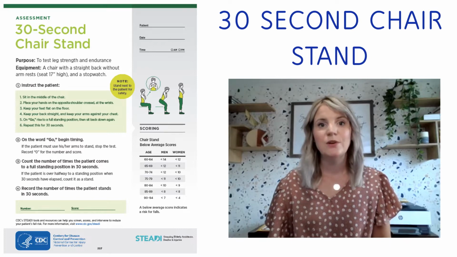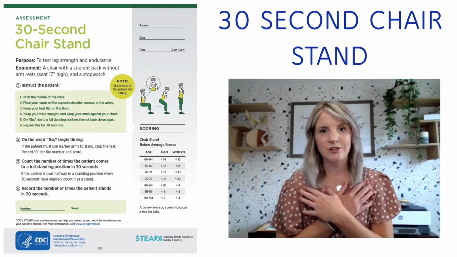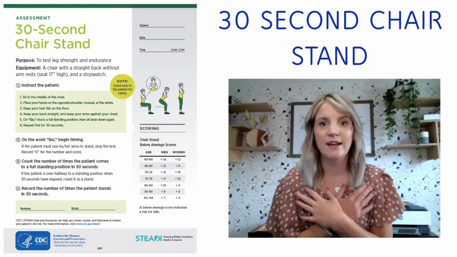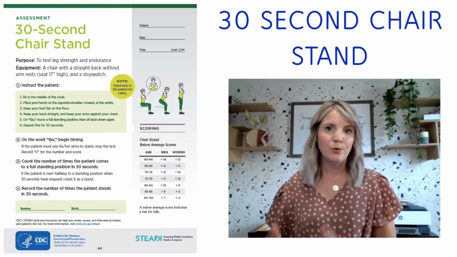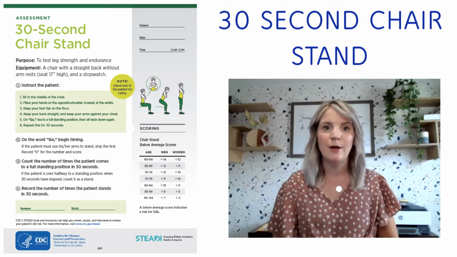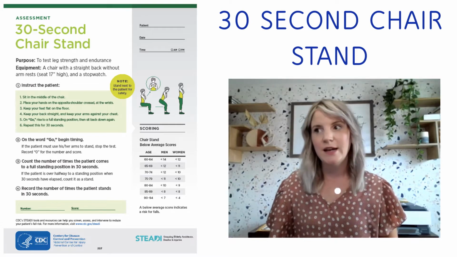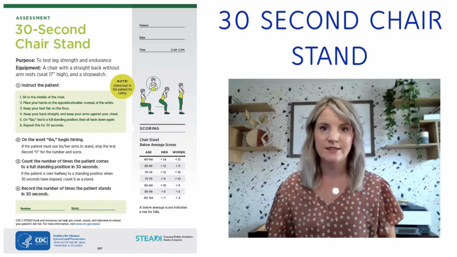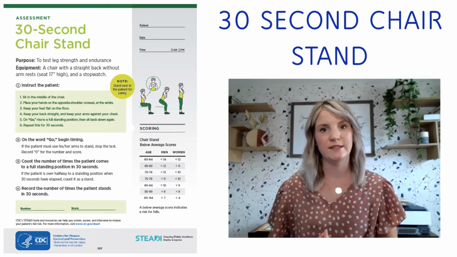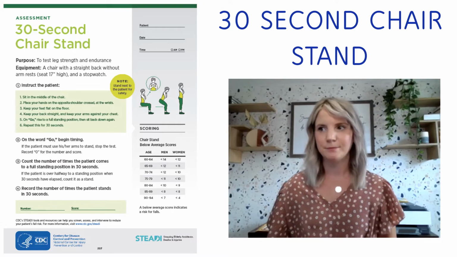So what you'll do is you'll start your time, and for those 30 seconds, you're going to try to do as many sit to stands from the chair as you can, and that number of reps will correlate to a score based on your age. So for instance, a man between the ages of 60 and 64 should be able to do 14 or more sit to stand reps, and a woman between the ages of 60 and 64 should be able to do 12 or more of those reps.